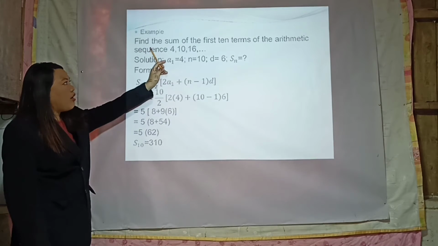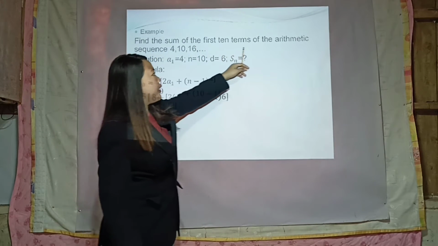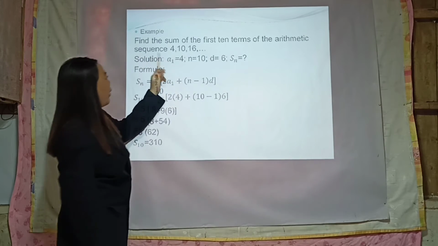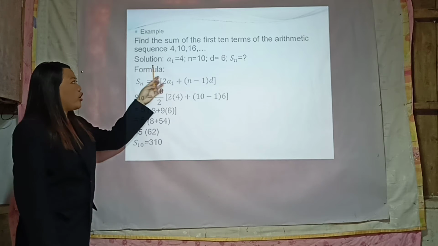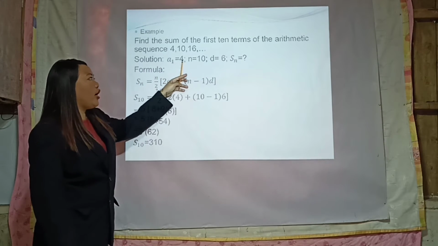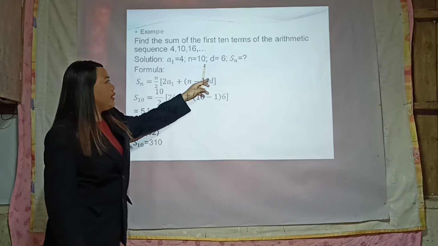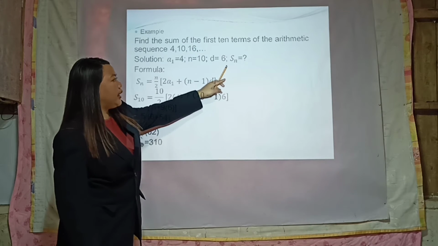So, example, find the sum of the first 10 terms of the arithmetic sequence 4, 10, 16, and so on. Solution: a sub 1 is equal to 4, n is equal to 10, d is equal to 6.